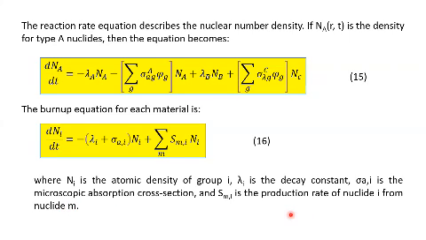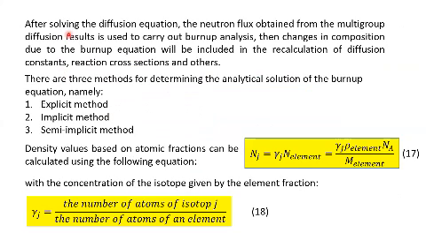In the neutronic calculation, the burn-up equation is typically solved alternately with the multigroup diffusion equation. After solving the diffusion equation, the neutron flux obtained from the multigroup diffusion result is used to carry out burn-up analysis.